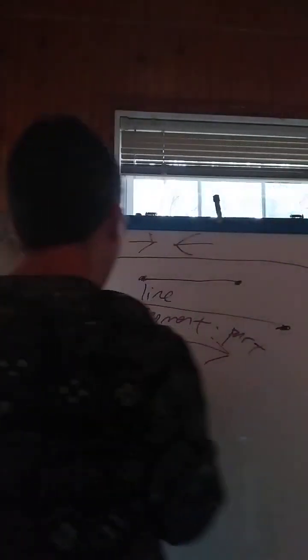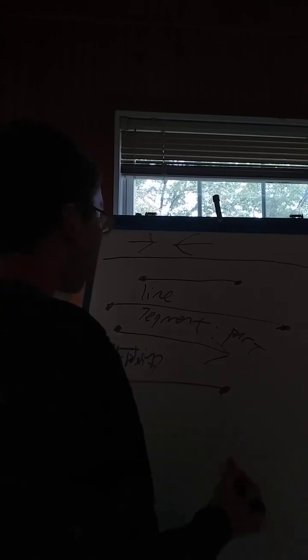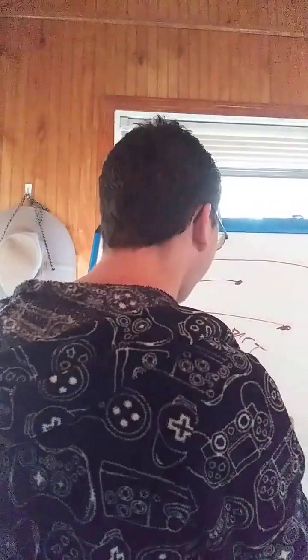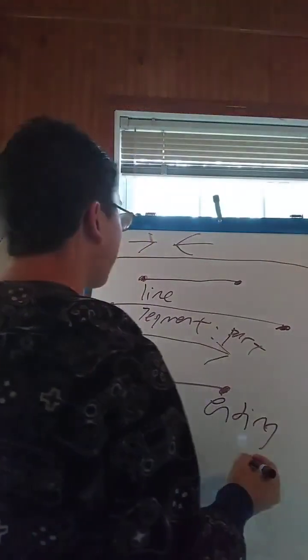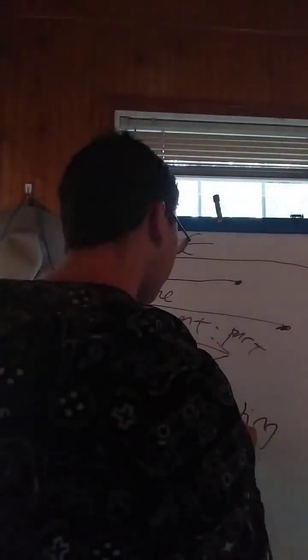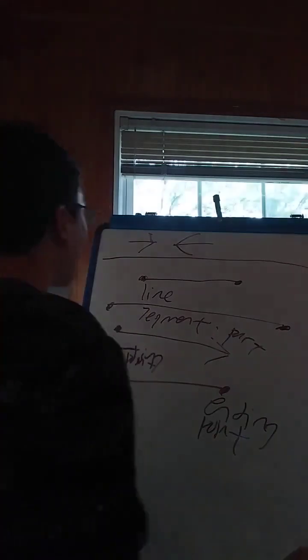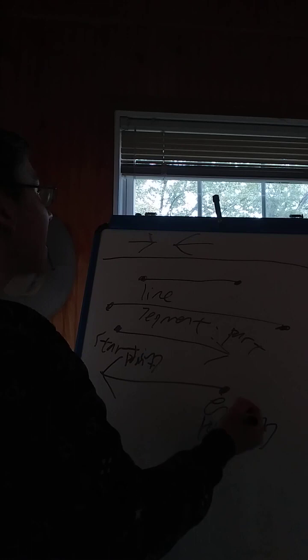However, if the dot is over to the right part of the line, then it is called an ending point, going from left to right. Or a starting point, going the other way. But this is the ending point.